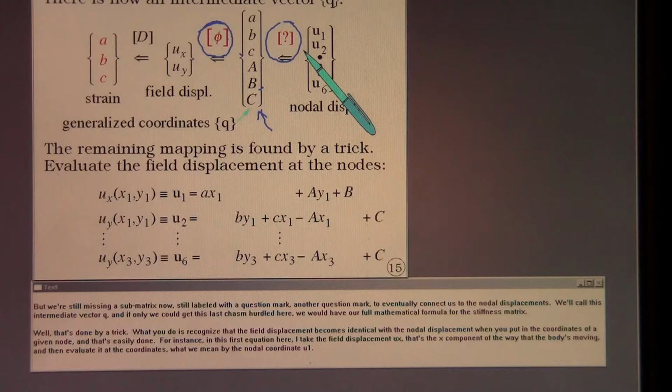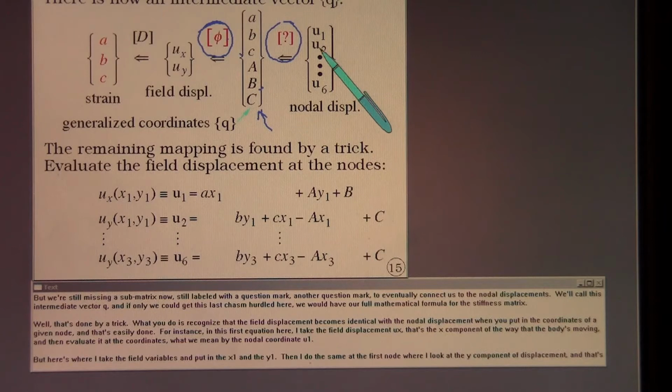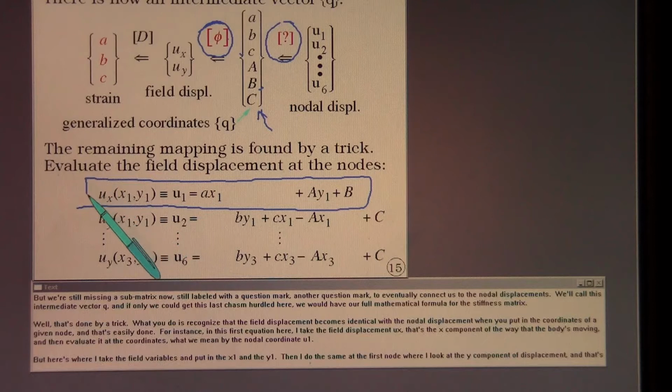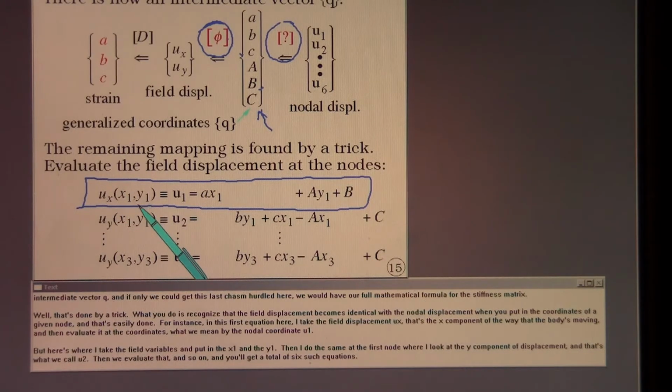Well, that's done by a trick. What you do is you recognize that the field displacement becomes identical with the nodal displacement when you put in the coordinates of a given node. And that's easily done. For instance, in this first equation here, I take the field displacement u of x, that's the x component of the way that the body is moving, and then evaluate it at the coordinates of the first node, x1 and y1, and that's identically the nodal coordinate, what we mean by the nodal coordinate u1.